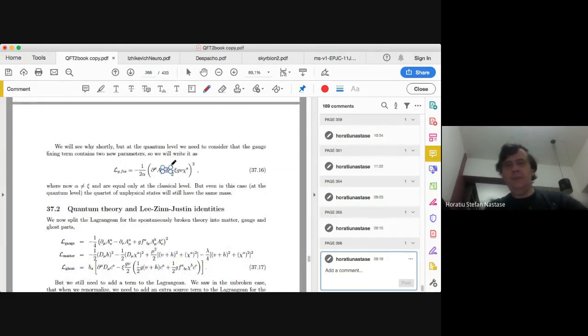But at the quantum level, the gauge fixing term is written with independent parameters. So in general, the gauge fixing term is minus 1 over 2 times this alpha Feynman-like parameter times G^a, the gauge fixing function, squared. And then inside the gauge fixing function, I have this psi parameter. So now alpha and psi are different.